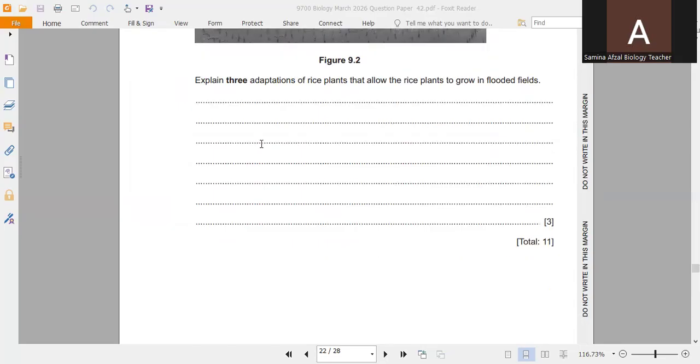So you know that in the flooded fields where the rice plants are grown, the presence of aerenchyma tissues is there. Aerenchyma cells are those cells which have the air channels in stems and roots, which allow oxygen diffusion. And then it has high tolerance of alcohol or ethanol.